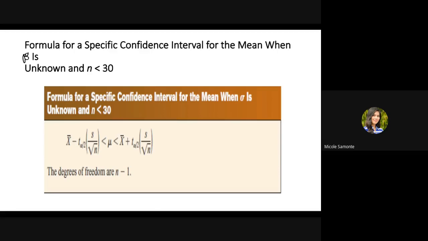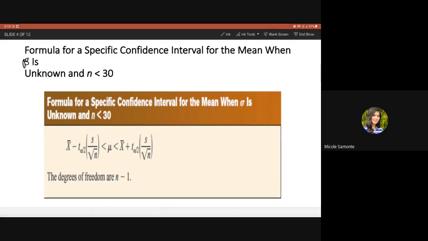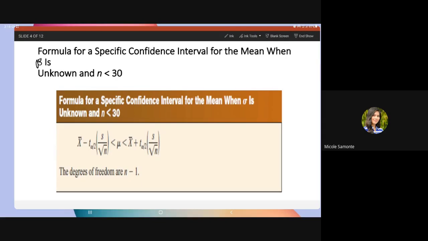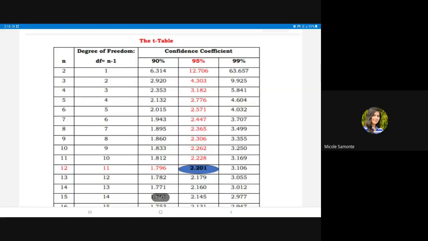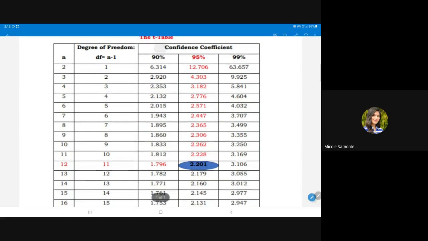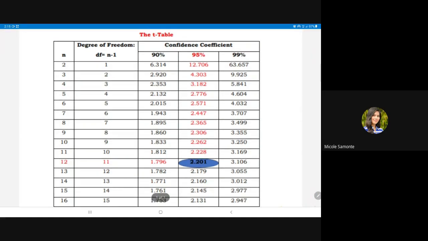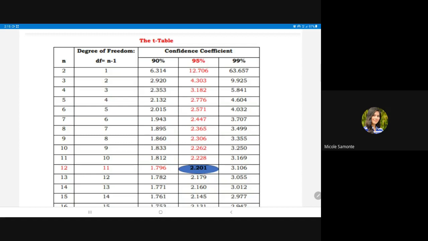In the t-test, yung finorward ko sa inyo, ito yung itsura niyan. Ibang-iba siya sa itsura ng z-value o yung z-test natin. So meron tayong 90%, meron siyang 95% at meron siyang 99%.